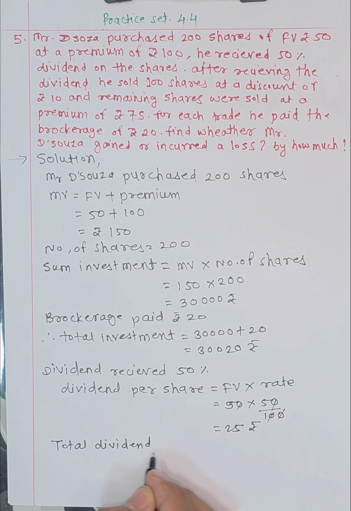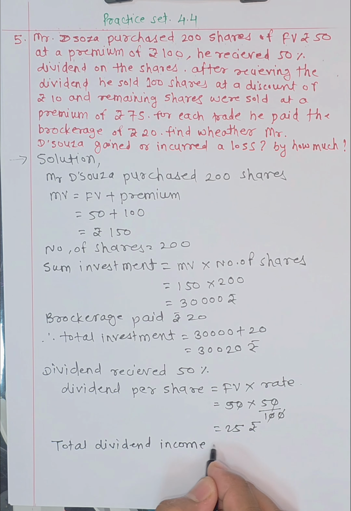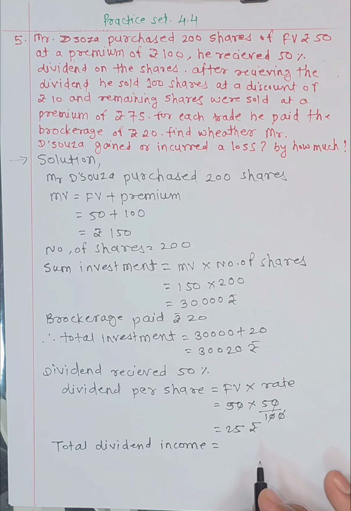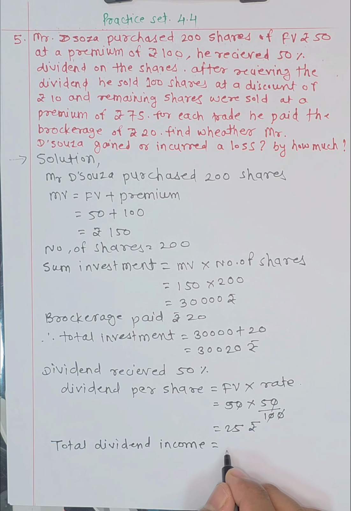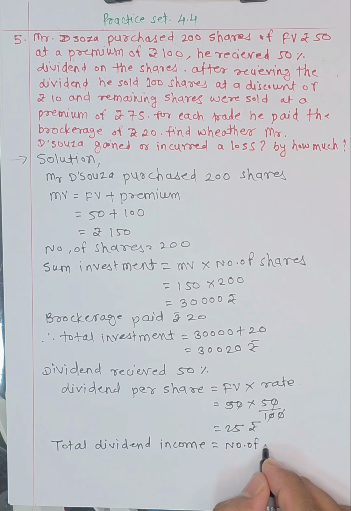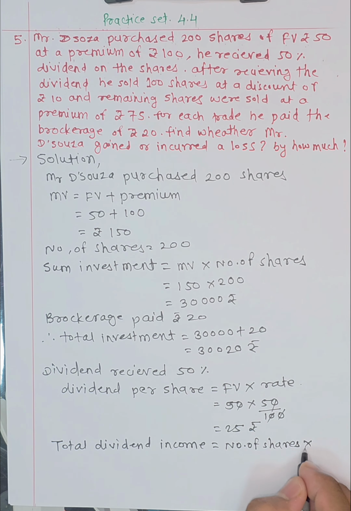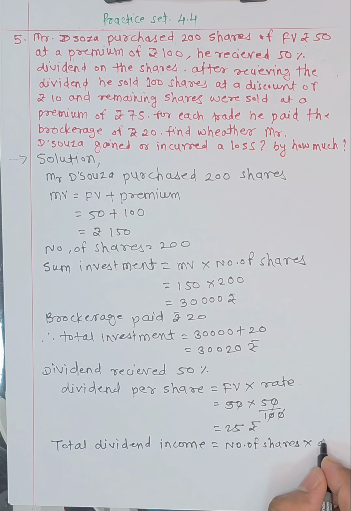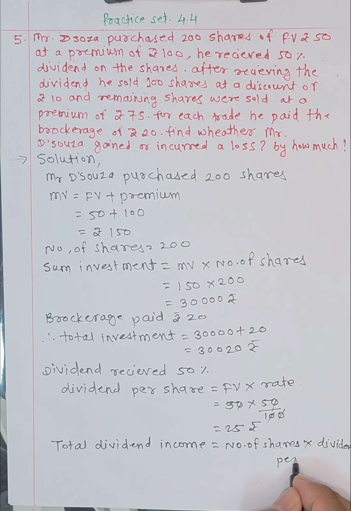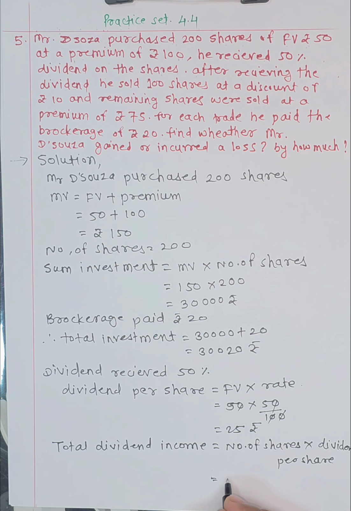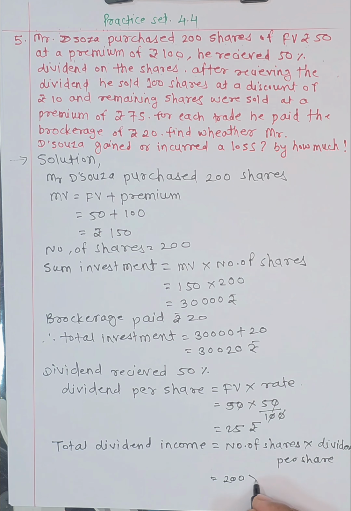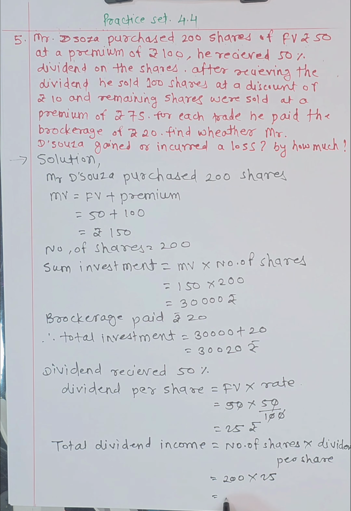Then total dividend income received on all 200 shares is equal to number of shares into dividend per share, which is 200 into 25, and that will be rupees 5,000.